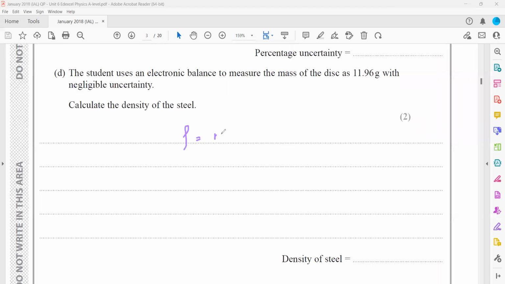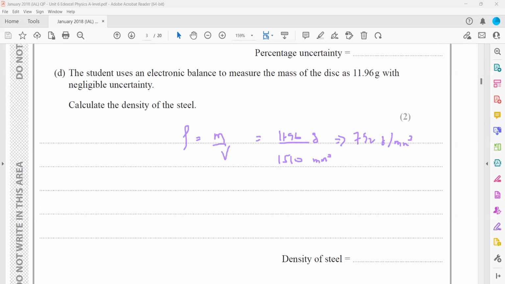The mass is 11.96 and the volume was 1510 millimeter cube. And the mass was in gram, so our final answer will be in gram per millimeter cube. When you divide it, you will get 7.92 gram per millimeter cube.